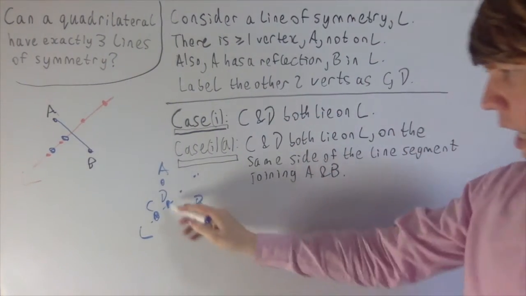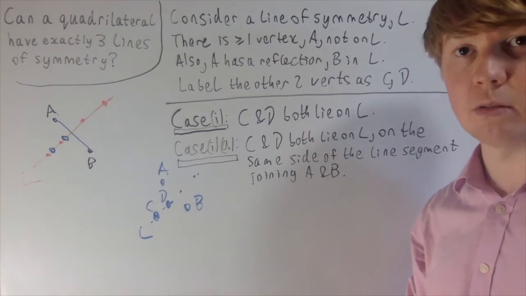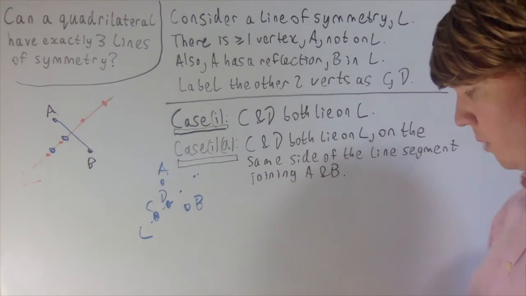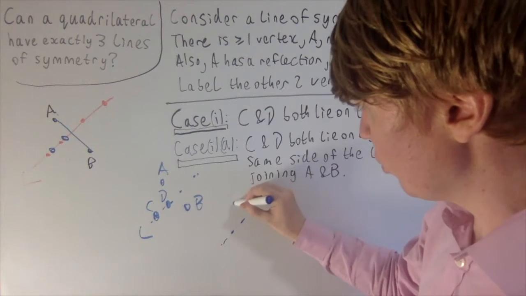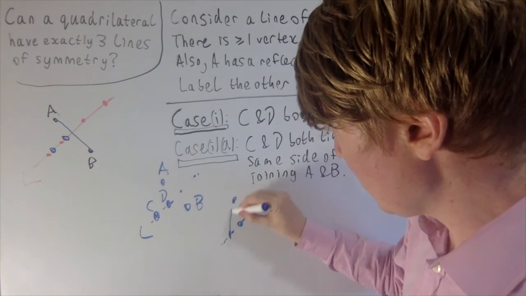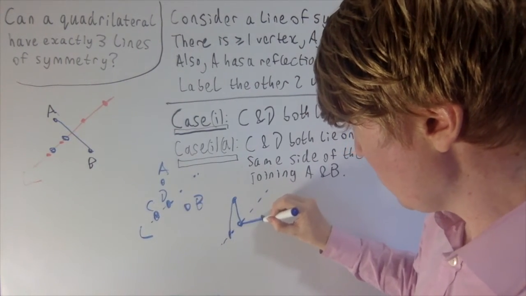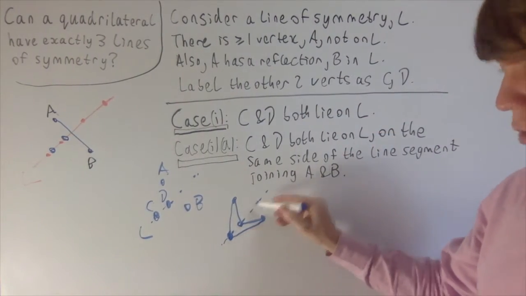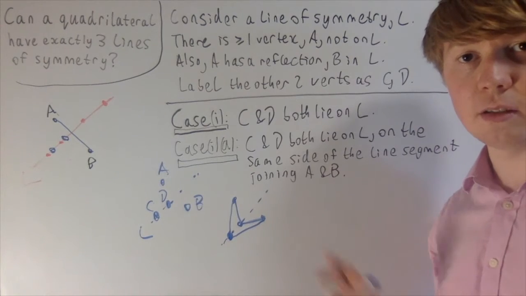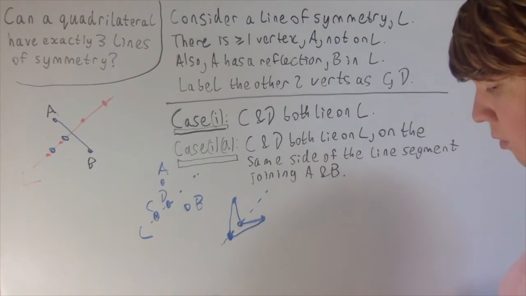Okay, so now how do we join these up to make a quadrilateral? Well, there's only one real possibility that's going to work here. What we could do is join them up like this and make a concave kite shape, which only has one line of symmetry, so this certainly doesn't give us the 3 lines of symmetry we're looking for.